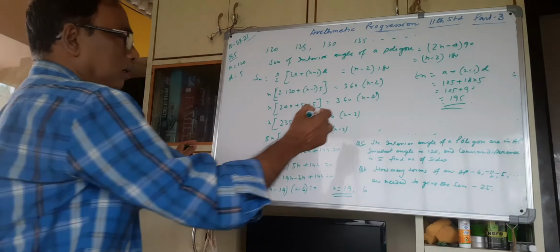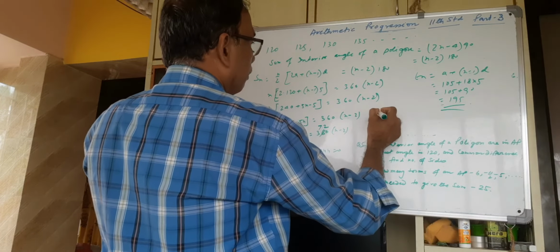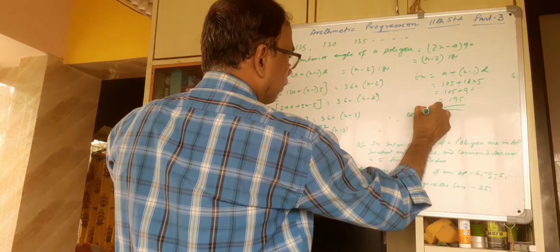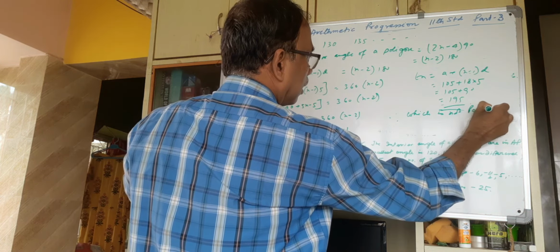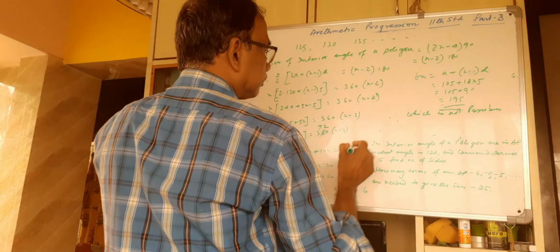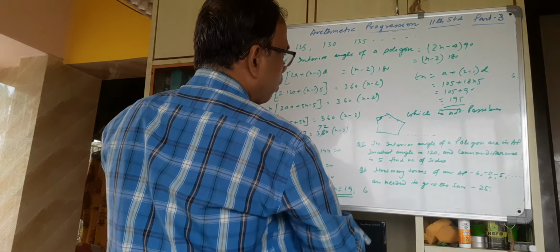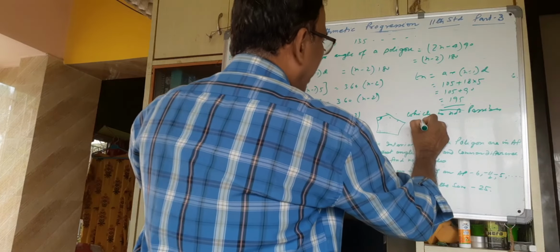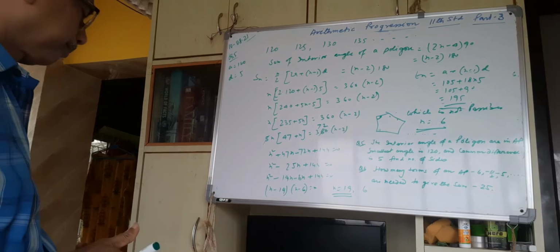It is not possible, because in any polygon the angle could not be 195. It should always be less than 180. Therefore, n equals 6 is the right answer.